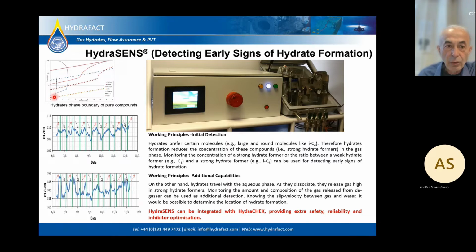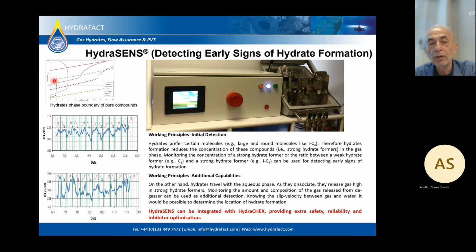And compared to IC4 and propane, IC4 likes to form hydrate better than propane. And considering methane, you see that a lot more. So when hydrates form, some components have higher tendency to form hydrate.